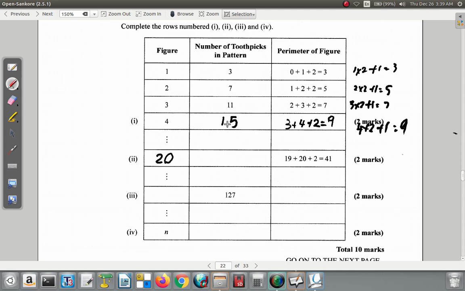4 times 3 is 12. 3 times 3 is 9. 1 by 3 is 3. 2 times 3 is 6.